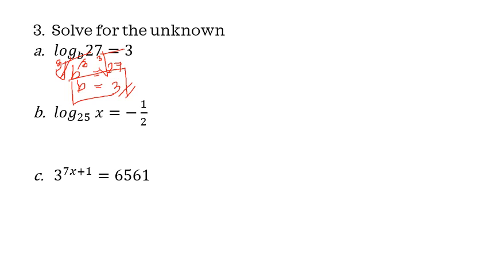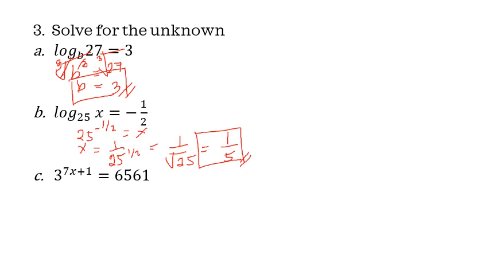So this is equal to 25 raised to negative 1 half is equals to x. So x now is equal to 1 over 25 because the exponent is negative. We could flip that, and this is raised to 1 half equals to 1 over square root of 25. Then this is equal to 1 over 5.